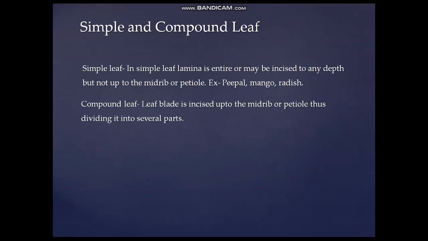Incised means cut to any depth, but not up to the midrib or petiole. Example, peepal, mango, radish. But in case of the compound leaf, the leaf blade is incised up to the midrib or petiole and thus divided into several parts.